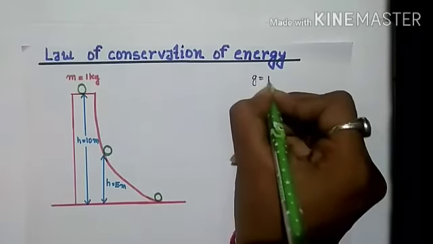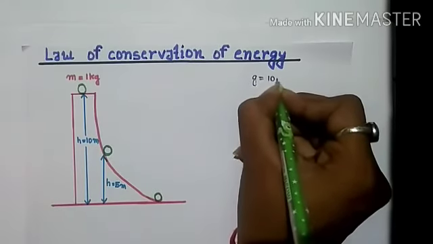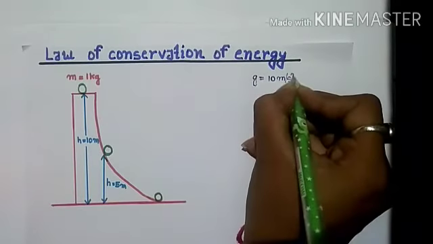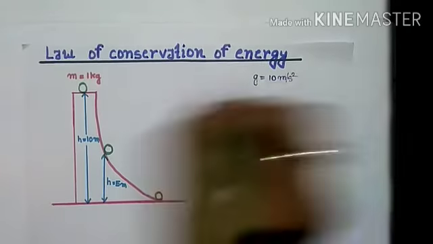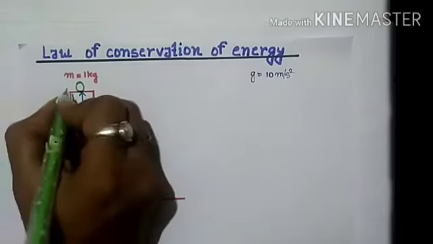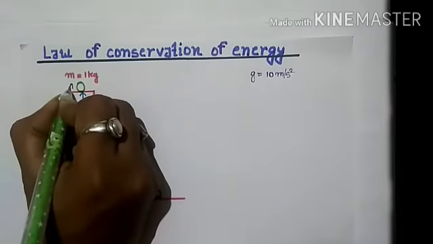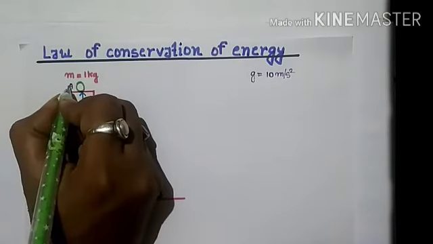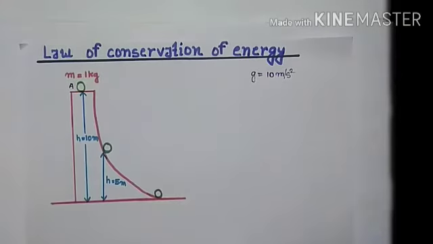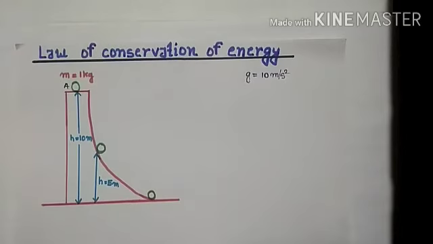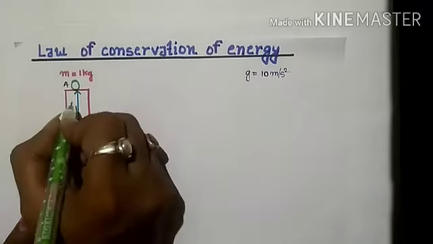Precisely it is 9.8 meter per second square, but for calculating we consider it as 10. Let's suppose this is point A, the highest point above ground level. Let us suppose the mass of the ball is 1 kg.